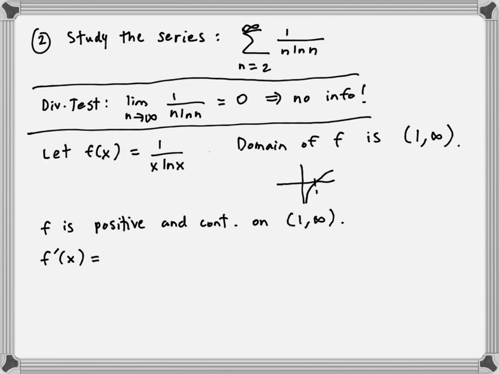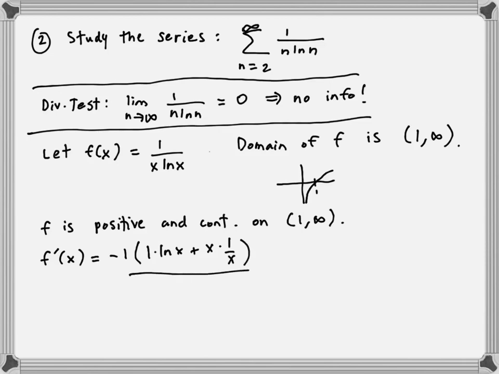I'm going to go ahead and use the quotient rule to take the derivative. Okay, f prime of x is equal to the derivative of the top is 0 times the bottom is 0 minus the top times the derivative of the bottom. The derivative of the bottom I'm going to use the product rule to do. So it's going to be 1 times ln x plus x times 1 over x.